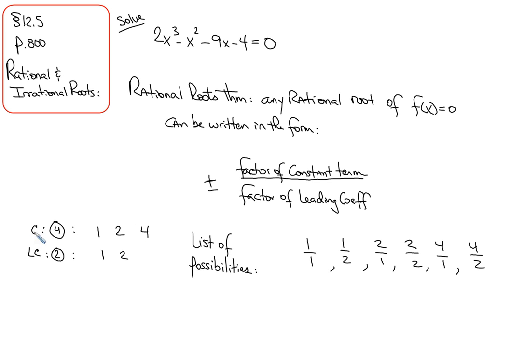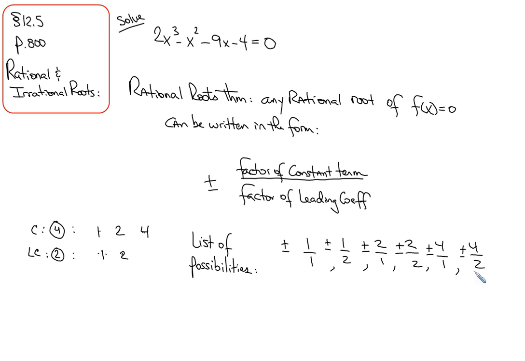That's why I wrote the constant on the top, even though the leading coefficient comes first, because I'm writing these in the same structure that the fractions are going to be built. Now, in addition to that, I have to put plus or minus on each one of these, because I could have the positive version and the negative version as possible roots.